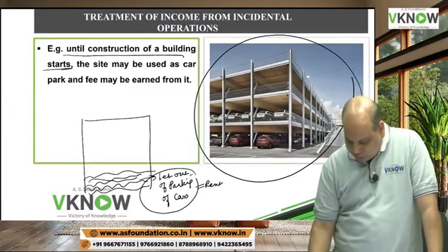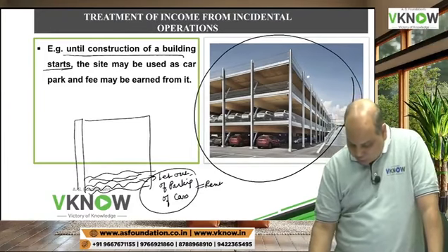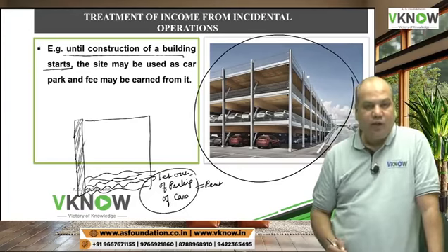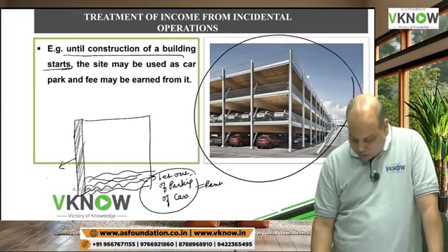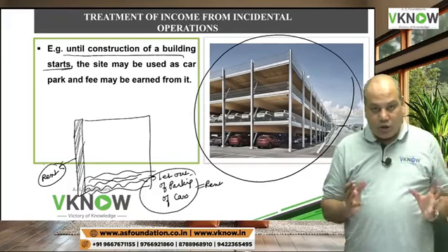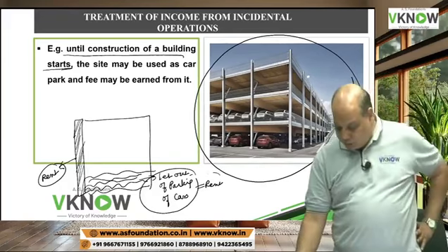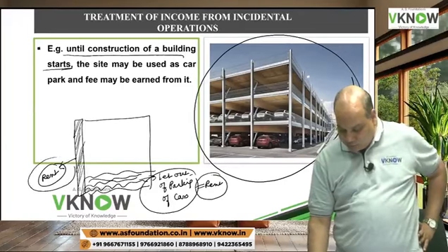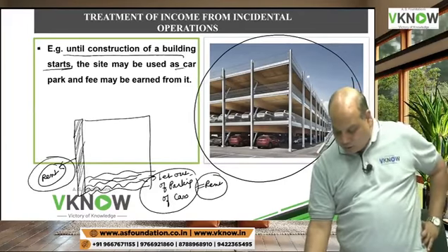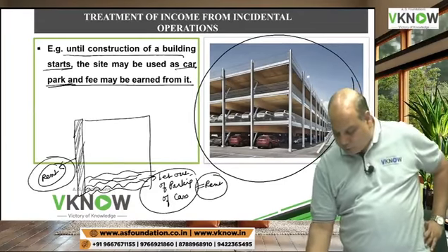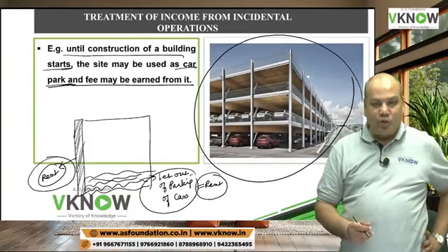Or sometimes they allow some companies to put their advertisement hoardings on the side of the building, and they get some rent for this advertisement hoarding. Now the question is, what about this rental income, either from car parking or from the advertisement board?